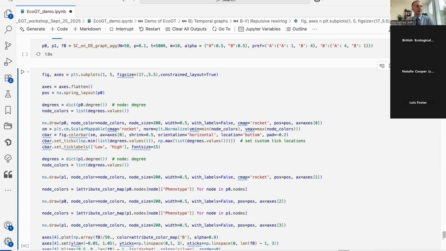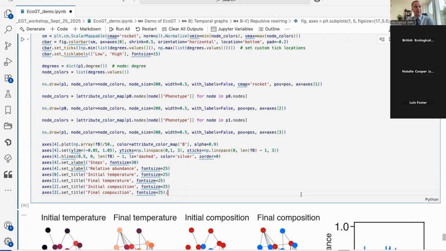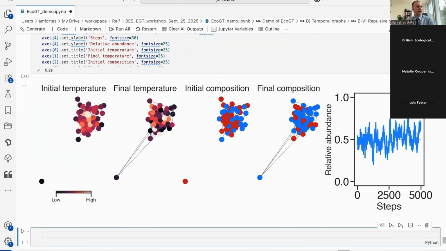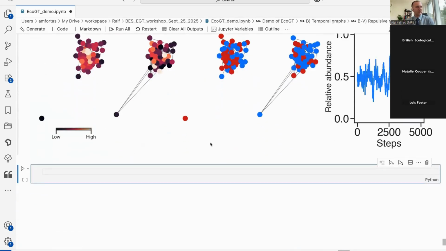So that really depends on what types of change in the population structure you want to simulate with respect to a given biological system. So in this case, we have the same idea of the initial and the final temperature and the final composition.